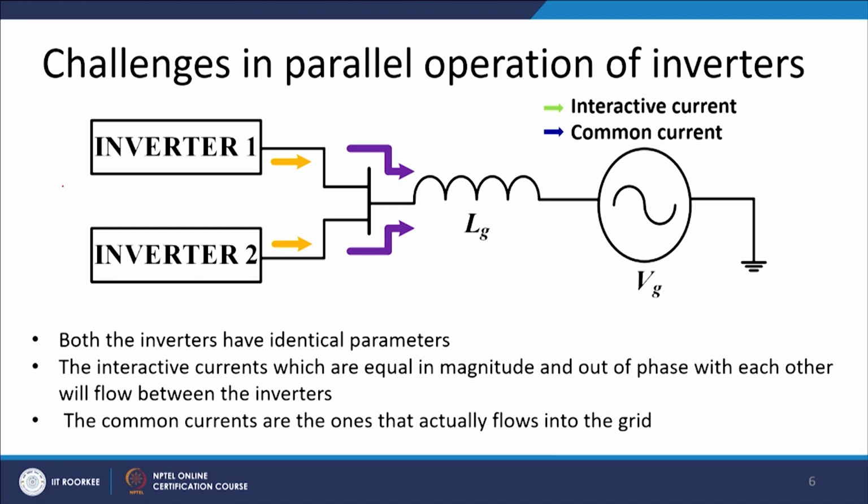The second component of the inverter output current is the common current that flows into the grid. These common currents are responsible for delivering the power generated in the renewable source to the power grid. The interactive current component basically consists of high frequency oscillations.